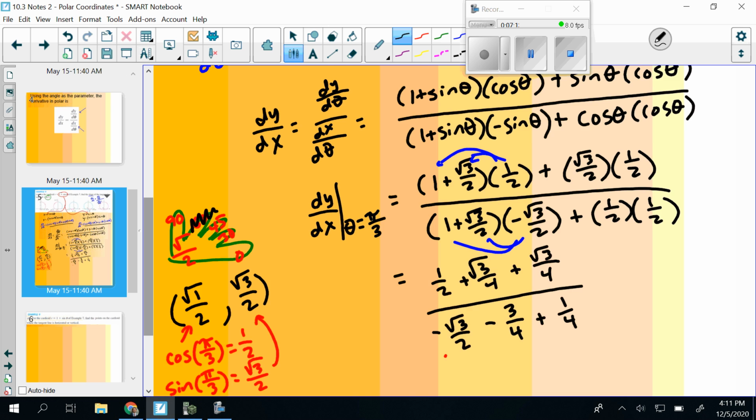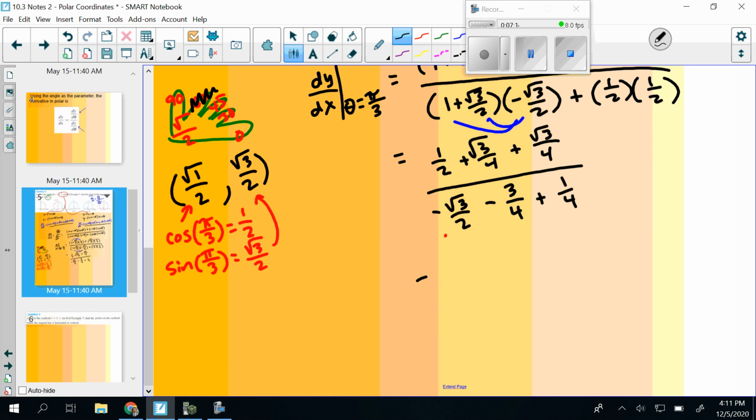So let's continue to simplify here to find our slope. We have some like terms that we could combine together on this one. So these two being like terms and these two being like terms. So let's add that up.